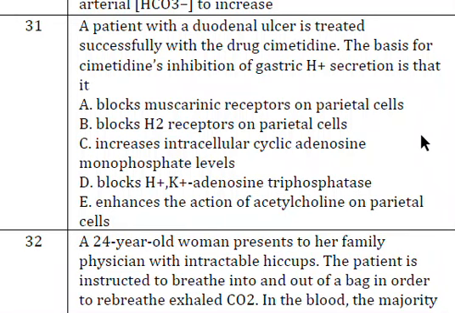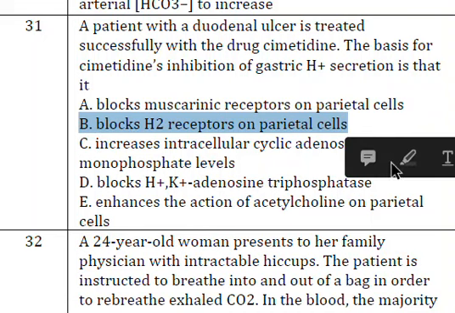C. Increases intracellular cyclic adenosine monophosphate levels. D. Blocks H+/K+ adenosine triphosphatase. E. Enhances the action of acetylcholine on parietal cells. And the answer is B. Blocks H2 receptors on parietal cells.